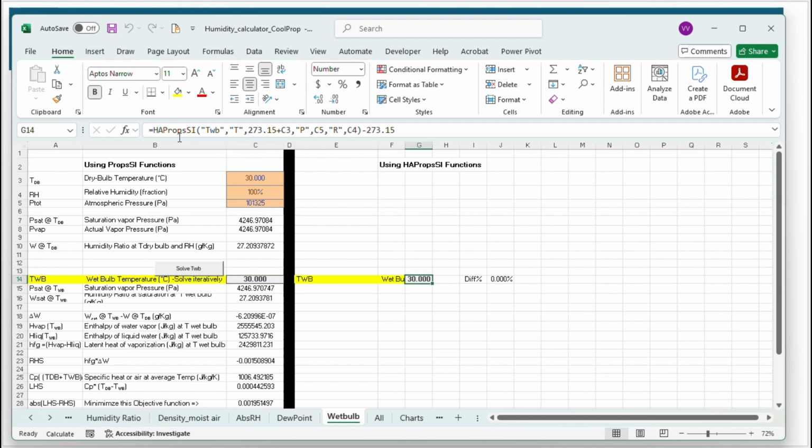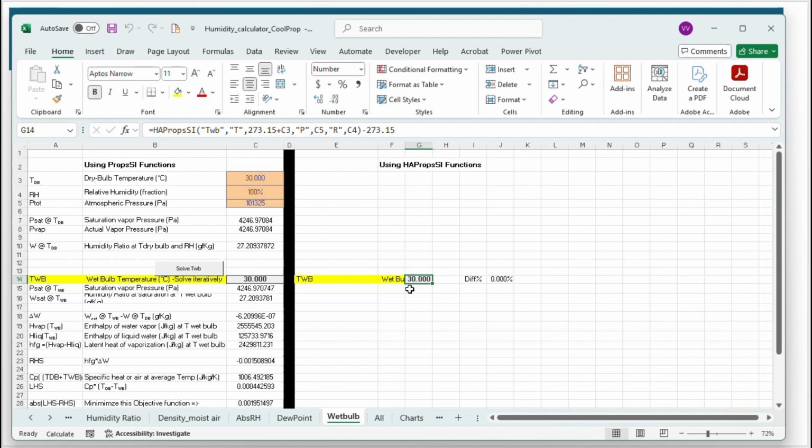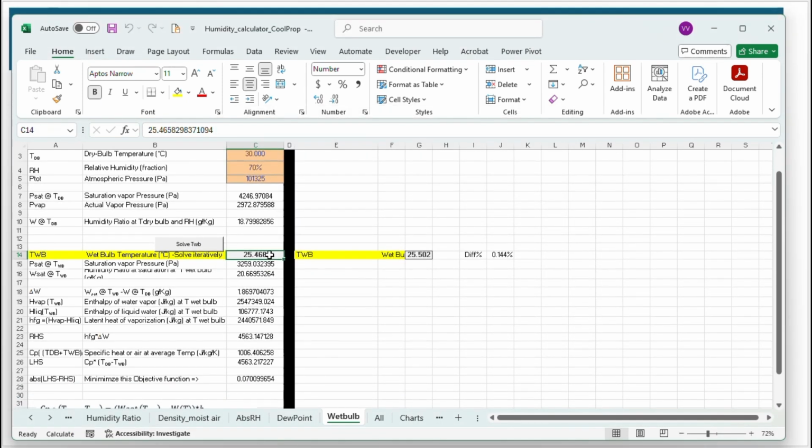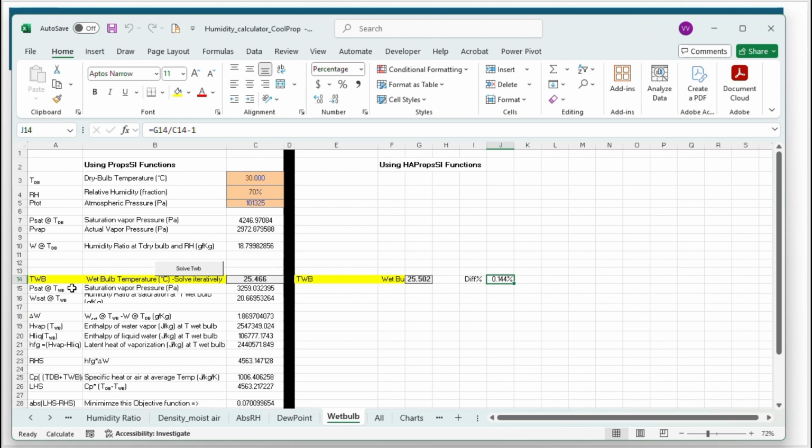But you can get all that in one click, in one line, using the HAPropsSI method. Okay, so let's do one more. 70% humidity. So it's predicting 25.502. Let's try the solver and see what this value is, 25.466. That's a 0.144% error. So it's a small error in the calculation based on these two methods.